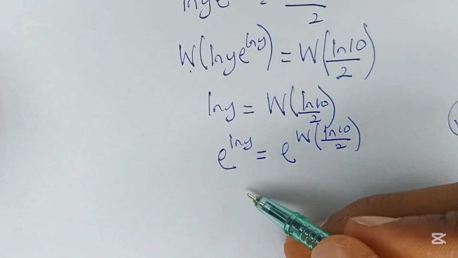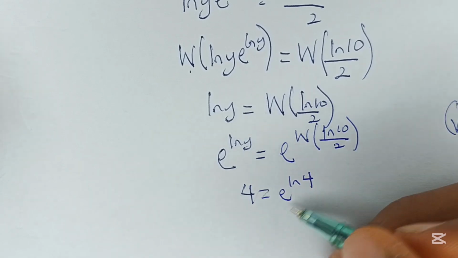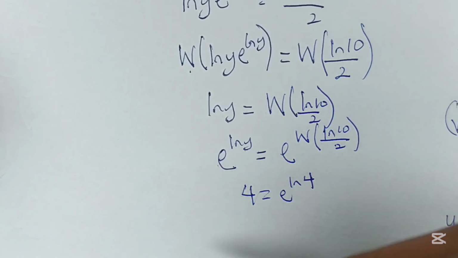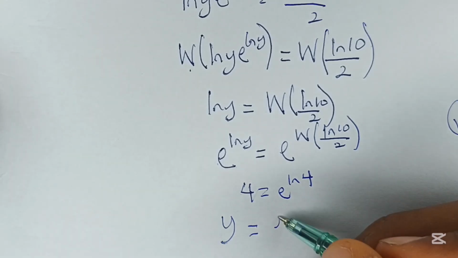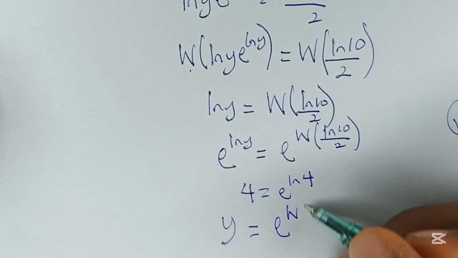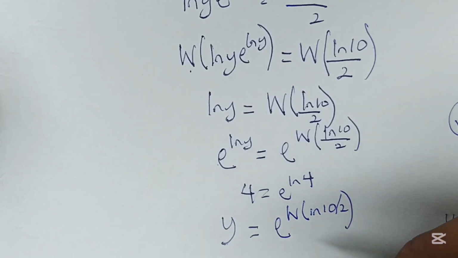Now recall that we said that 4 is equal to e to the power of ln of 4. Hence, e to the power of ln of y will now be equal to y. And this is equal to e to the power of W of ln of 10 over 2.